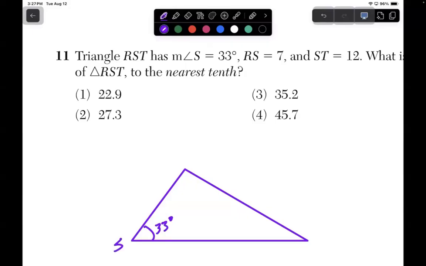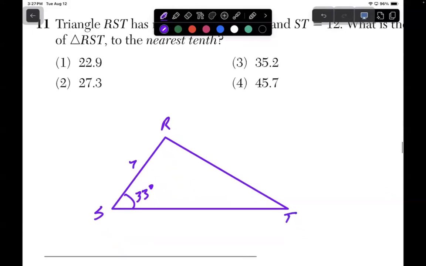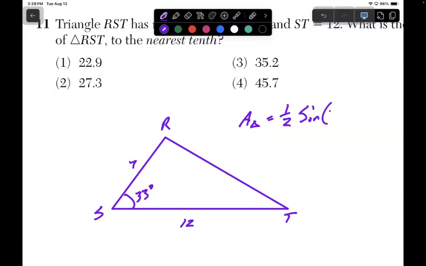This is S. RS is 7 and ST is 12. So the area of the triangle is going to be 1/2, it's always going to be sine of the angle times the two sides.